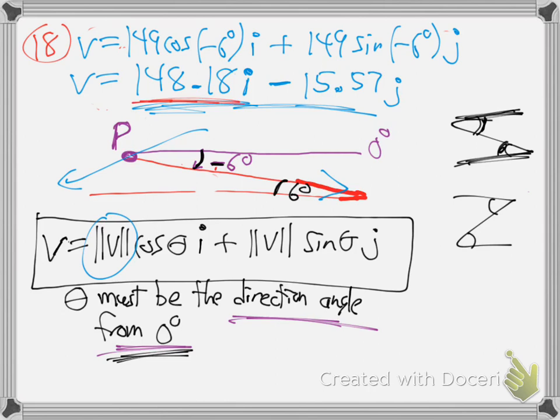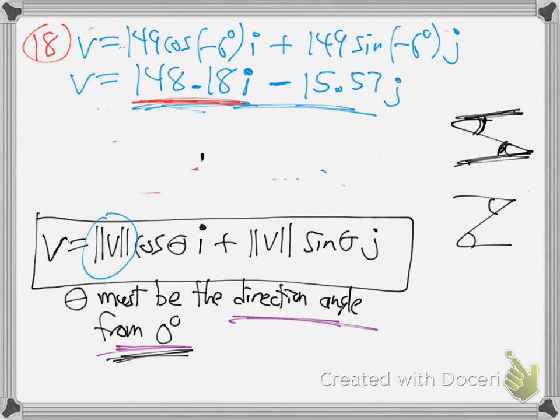So what does this 148.18 i thing mean in the real world? Well, remember, i is sideways. That means, when that plane is flying down here, let me draw a better picture and be real clear about reality here.